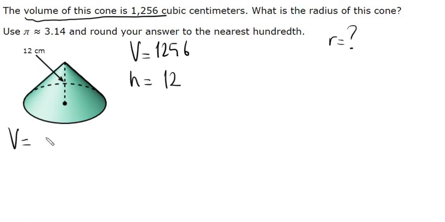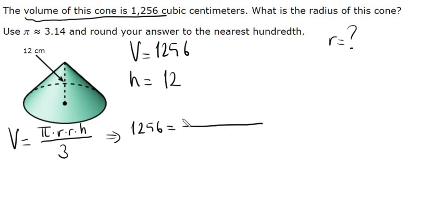The volume is equal to pi times r squared, times h divided by 3. Alright, so the volume 1256 is equal to 3.14, this is the pi.